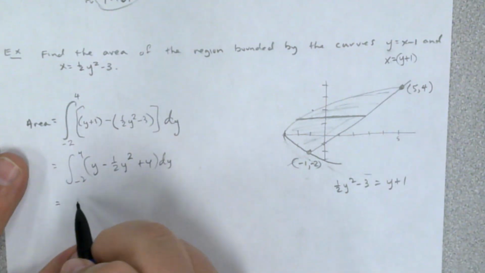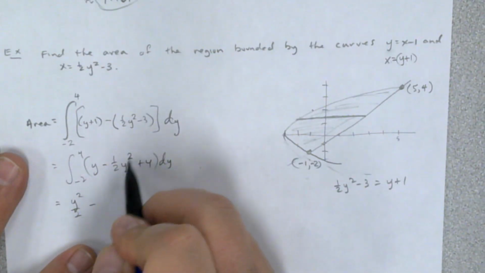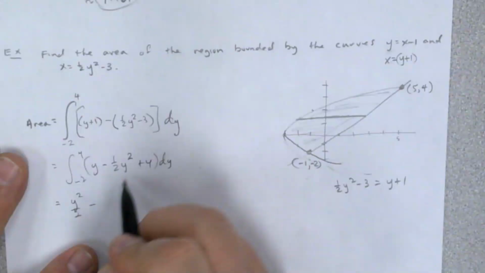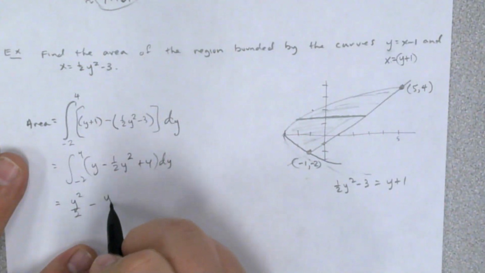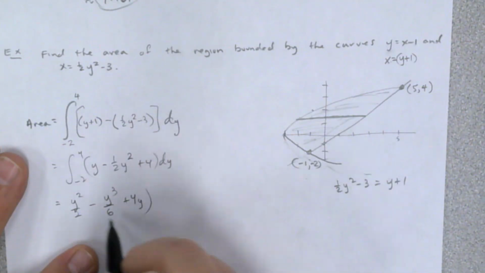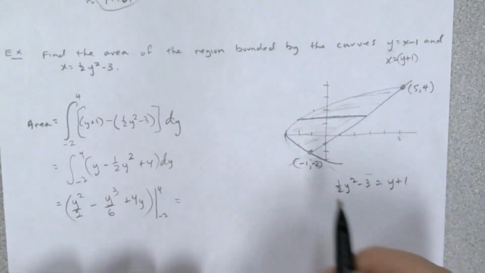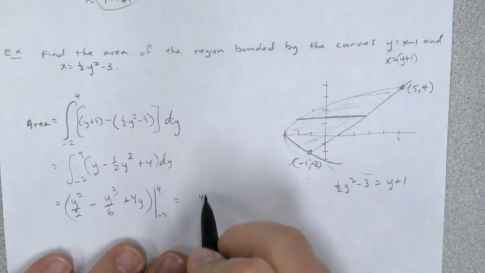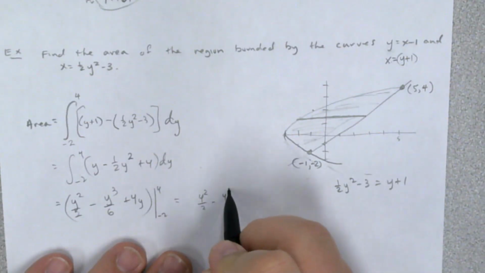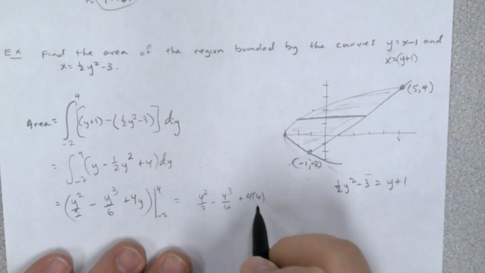And then we can integrate each of these pieces. Okay, so y squared over 2. This is y cubed over 3, so this will be 1/6. And then this over here will be 4y. Evaluate from -2 to 4. And then we plug these numbers in. So it's going to be 4 squared over 2, 4 cubed over 6, and then this is going to be 4 times 4.